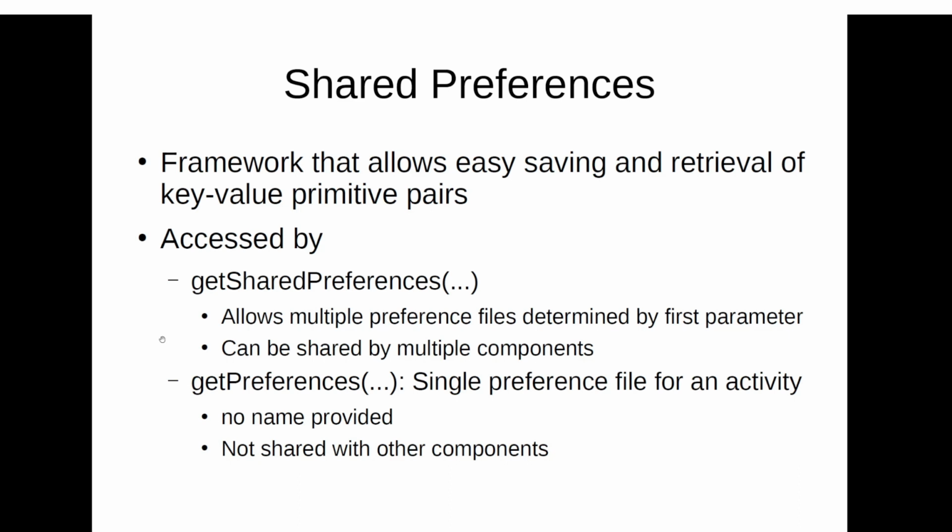Meaning, if you retrieve a SharedPreferences object from an activity using getSharedPreferences, and you provide a file name, store information in that SharedPreferences object, and then subsequently attempt to retrieve a SharedPreferences object again from, say, a service or simply another activity, if that SharedPreferences object is retrieved by making another call to getSharedPreferences with the same file name, you will receive a copy of the same SharedPreferences object containing the same information.